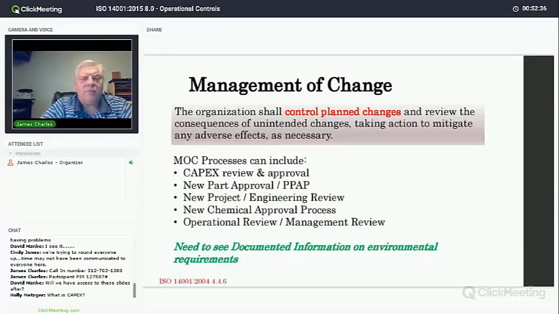So there is, again, no requirement to have a formalized environmental management of change process, but you do need to be able to demonstrate how changes are reviewed and how environmental considerations are considered during the change process.